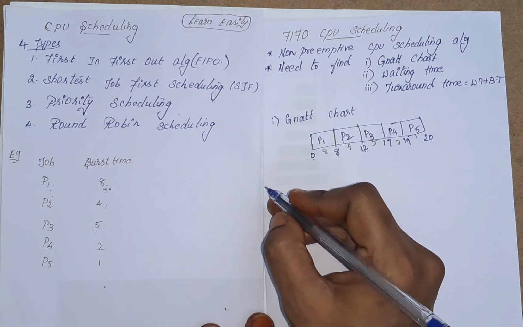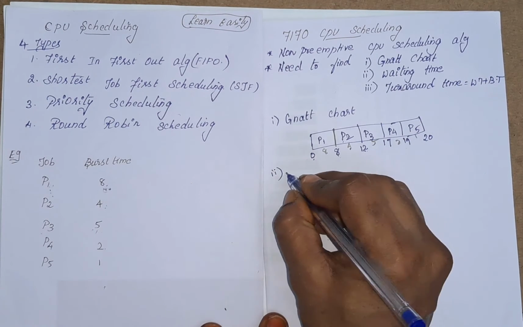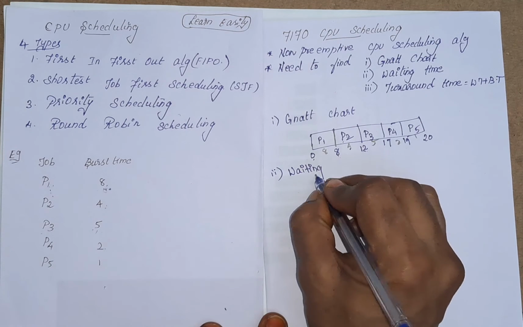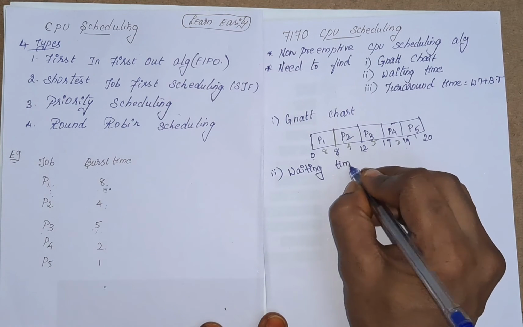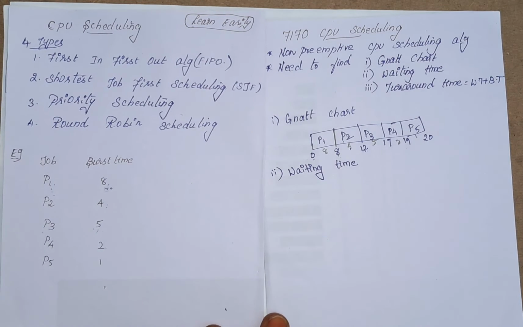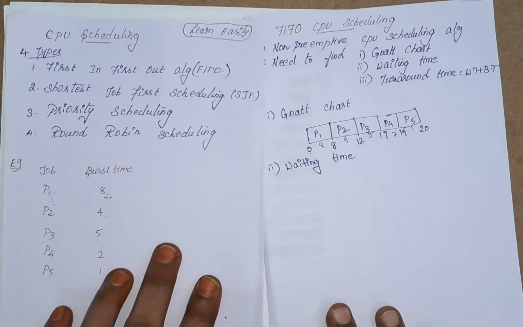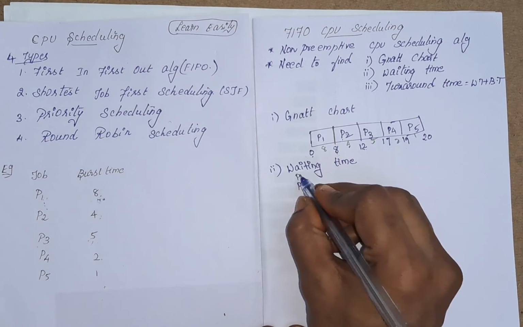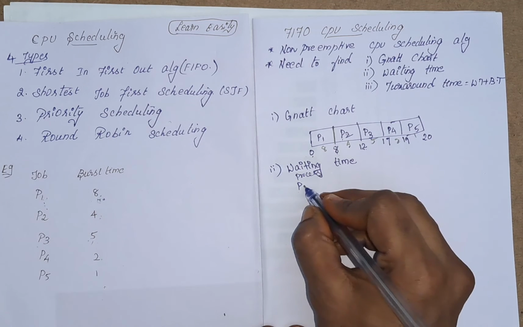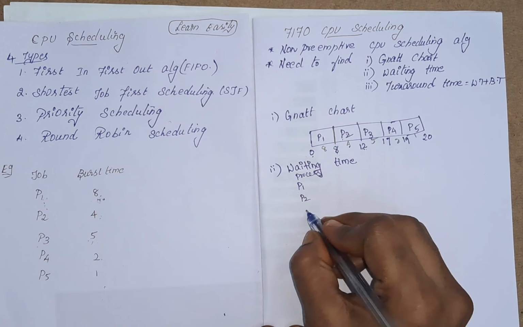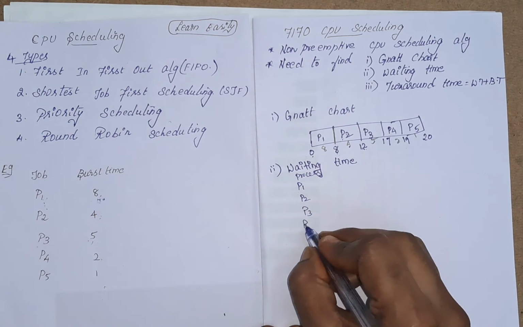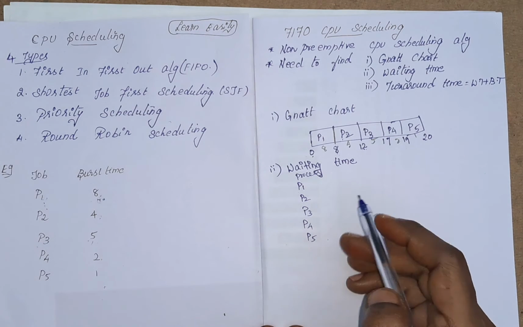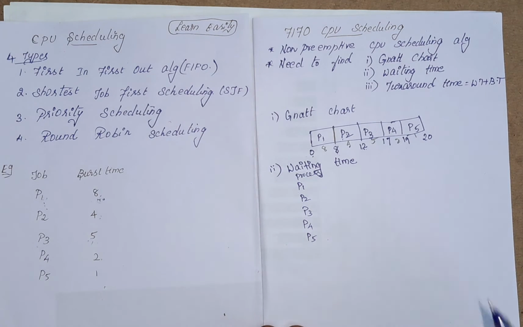Next, we have to find the waiting time. Waiting time means how long the process has waited. Here we have processes P1, P2, P3, P4 and P5.